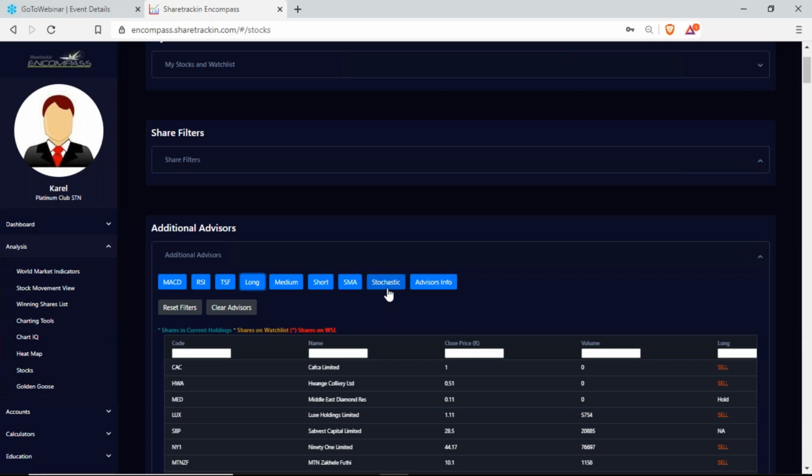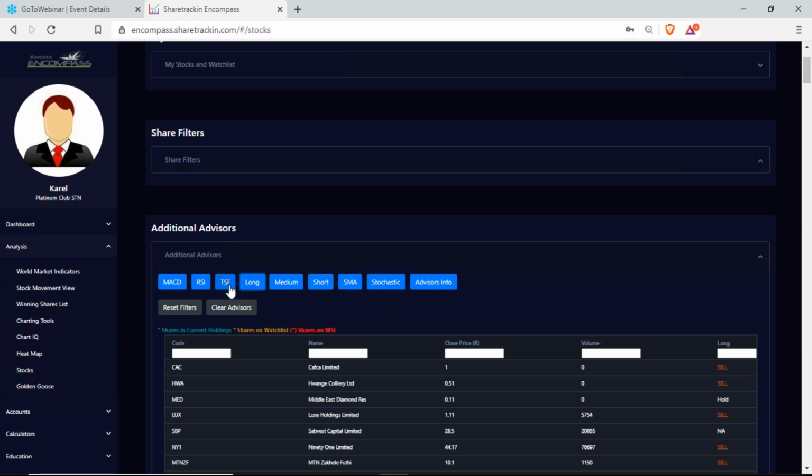But always remember, we must go and look at our charts to make sure that it does show you a buy. You cannot base your decision on what your additional advisor is telling you.